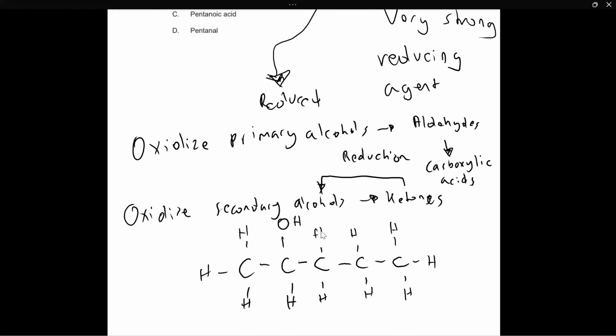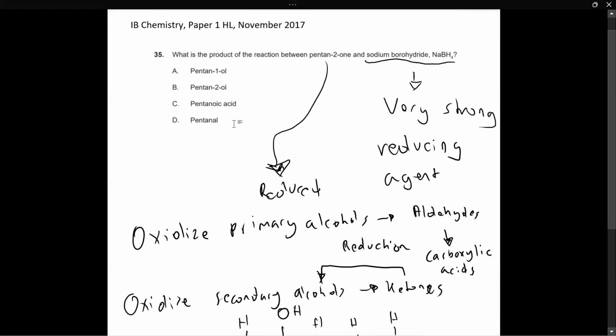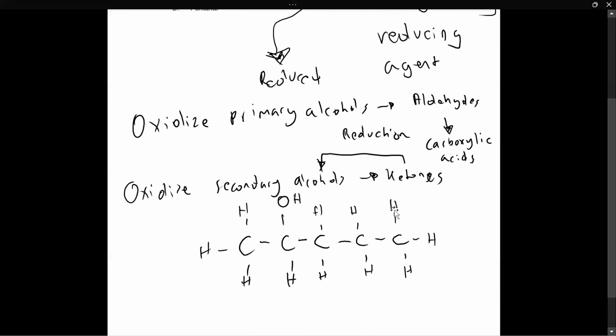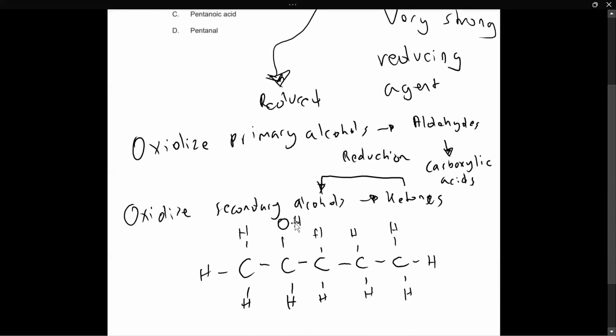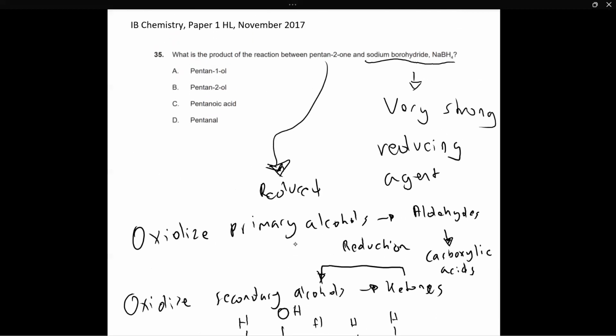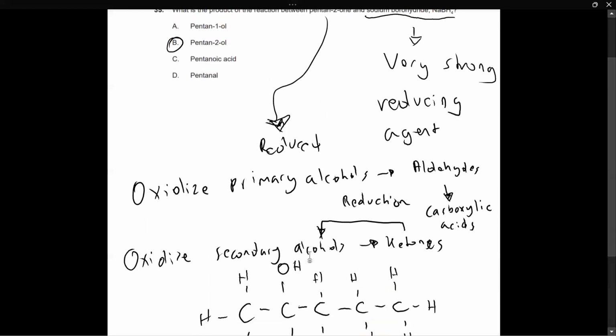That is all we had to do. It's the reverse reaction. So what organic compound is this? Well, this is pentan-2-ol. The 2 indicates the position of the hydroxyl group, the OH group, which is on the second carbon. So the correct answer is B.